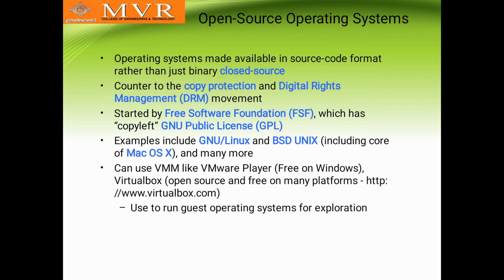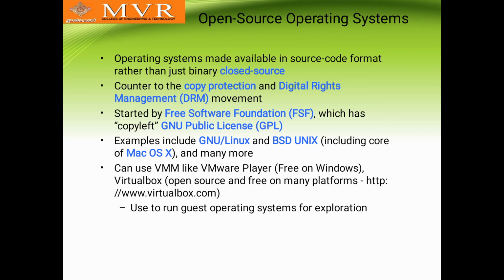Open source operating systems. These operating systems are made available in source code format rather than just binary closed source, counter to copy protection and digital rights management, that is DRM. Started by the Free Software Foundation, FSF, which has the copyleft GNU General Public License, GPL. Examples include GNU/Linux, BSD Unix, including core of Mac OS X, and many more.